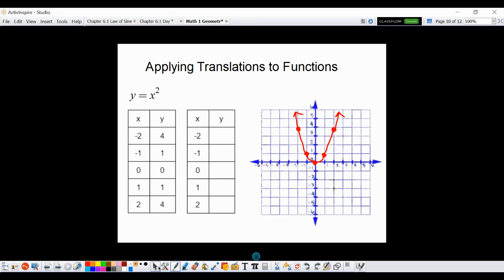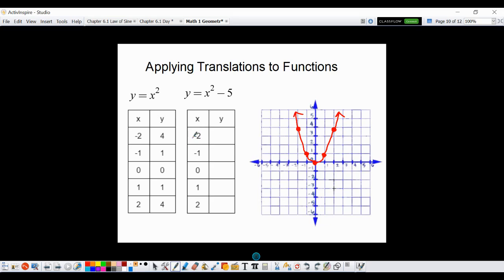All right, let's take a look at another example. So we have our parent function x squared and it looks like this. Now, if I change the equation a little bit, how is that going to change my graph? Well, let's say now we attach on x squared minus 5. So let's plug these values into our new equation and get the proper y value.